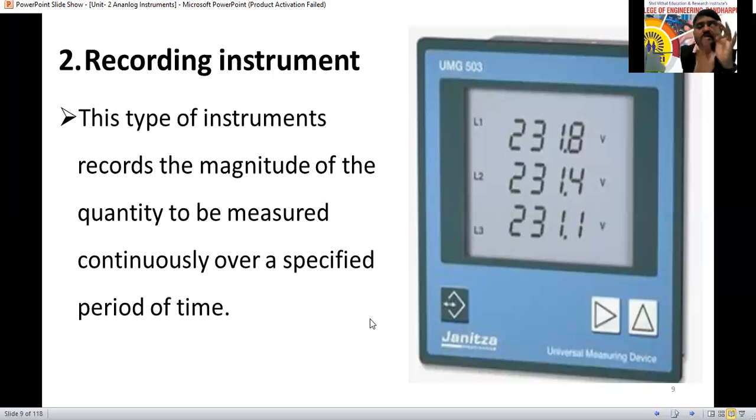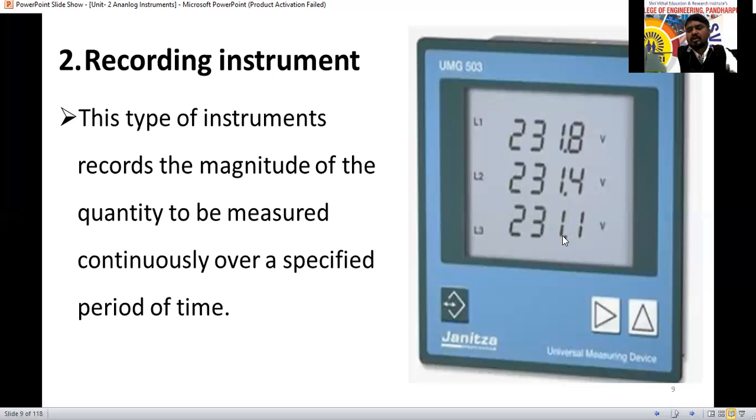We are going to call here in the meter. You can observe that one. L1 is there, L2, L3, line 1, line 2, line 3. 3 lines are there. For line 1, 231.8 volt is there. For line 2, 231.4 is there. Line 3, 231.1 is there. So all the 3 line voltages are not the same, but whatever the acceptable range, only 231 is there.